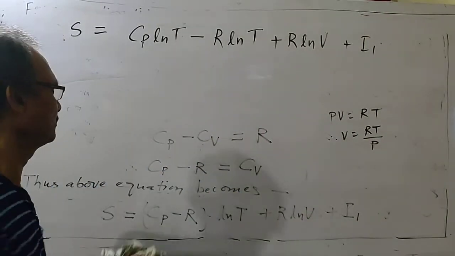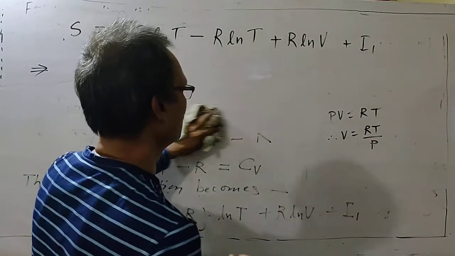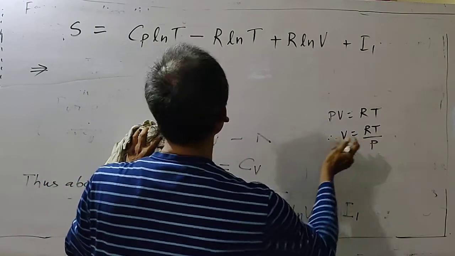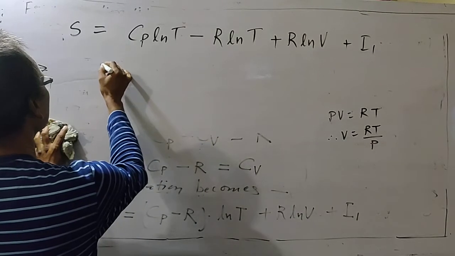In this equation, since we know PV is equal to RT, so V is equal to RT by P. Put this value also.